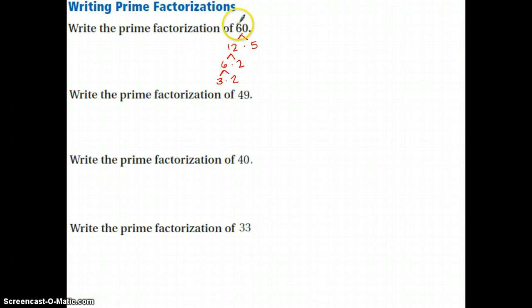So I'm going to ignore anything that is not at the end of a branch. 60, 12, and 6. 3, 2, 2, and 5 are all at the ends of branches of my factor tree, so this makes up my prime factorization. None of those numbers can be broken down any further. So writing them in order, I have 2 times 2 times 3 times 5. When you multiply all these together, you will get 60.